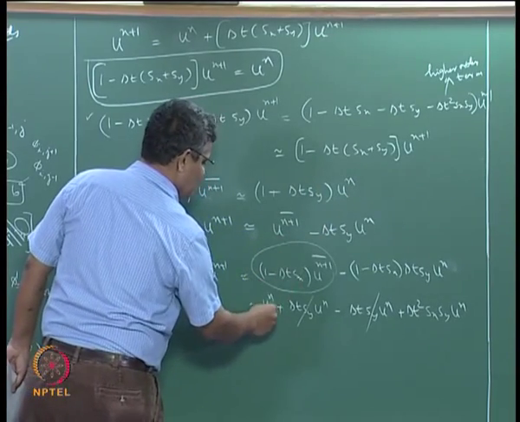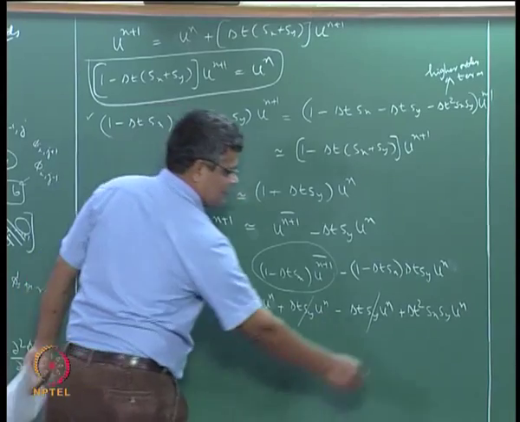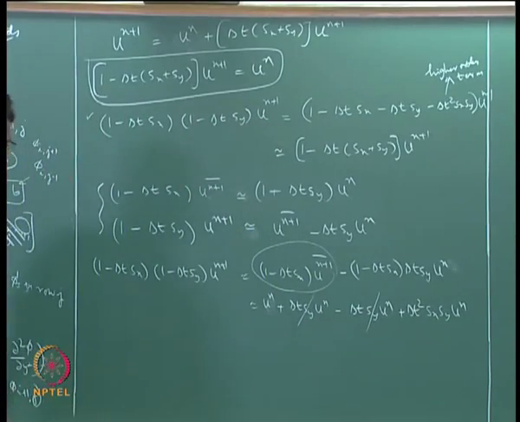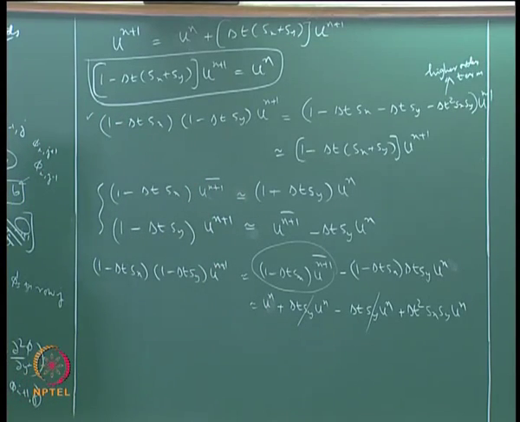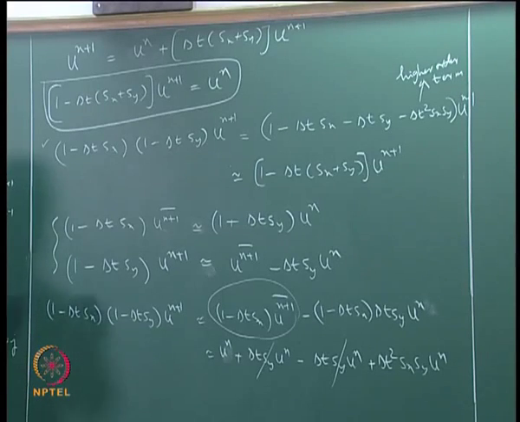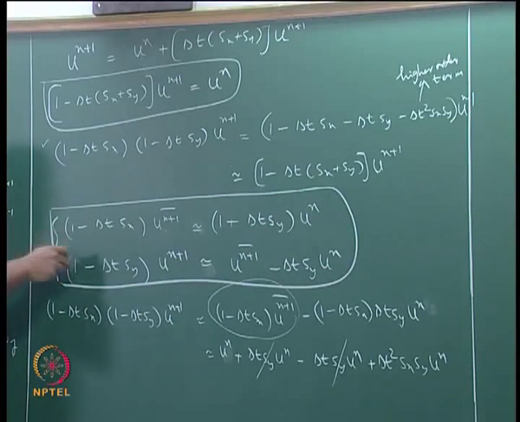So that gives us u n plus delta t Sy u n, which is cancelling out with this, leaving out the second order term which can be neglected. So we recover back this. Now what is the advantage in splitting the calculation in this way?